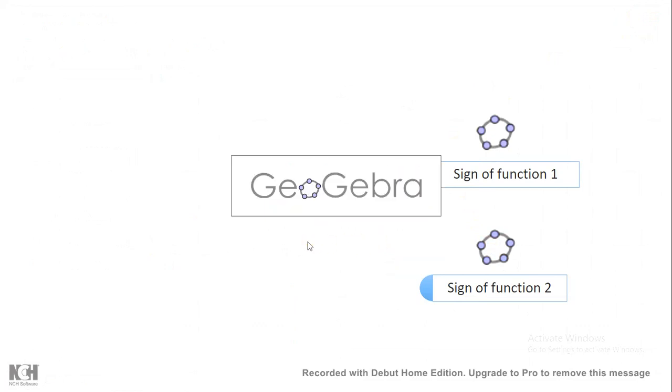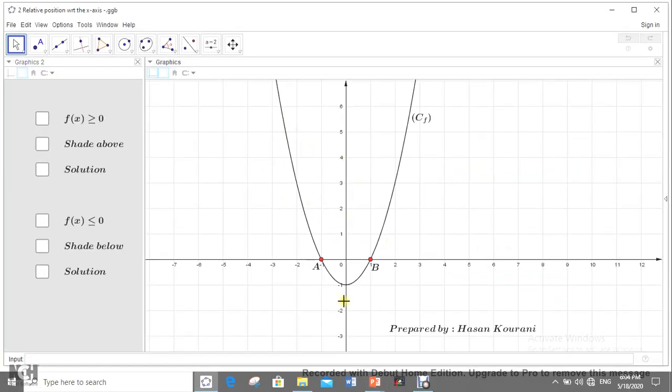about the same idea, but with another curve. Considering this curve, again, f of x greater than or equal to 0, we look where the curve lies above the x-axis, which is the green one. The green parts are above the x-axis, and the solution of this inequality will be the abscissas of all of these points on the curve.